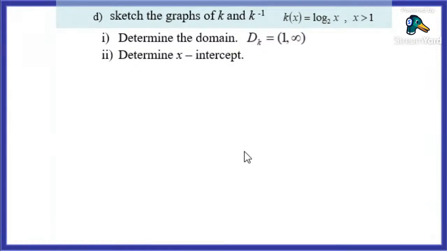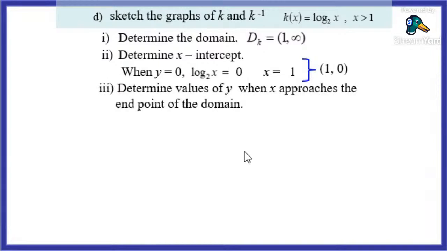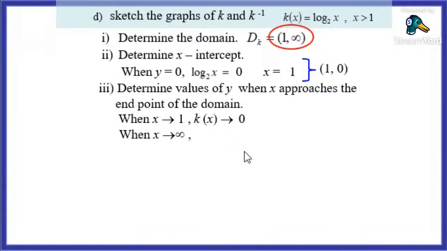Second step: x-intercept when y equals 0, log base 2 of x equals 0, so x equals 2 power 0, which is 1. So the point is (1, 0). Third, determine the value of y when x approaches the endpoint of the domain. When x approaches 1, y approaches 0. When x approaches infinity, y approaches infinity. So we have these three points.